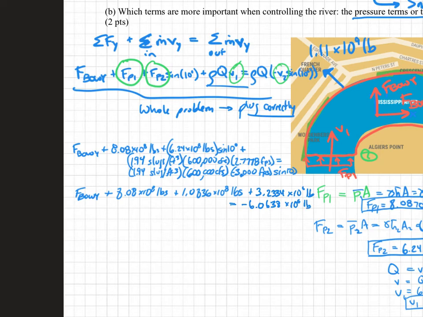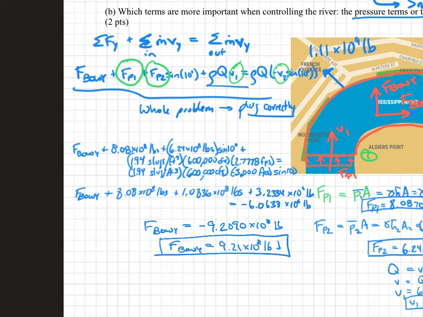Notice that if we solve all of that, and the number is not terribly important, we end up with a negative 9.2090 times 10 to the 8th pounds, or F Bowie equals 9.21 times 10 to the 8th pounds to the south.